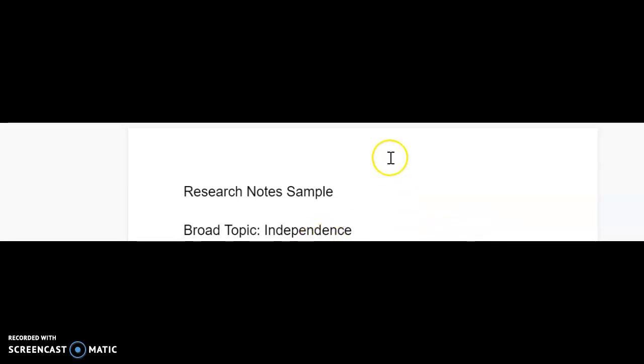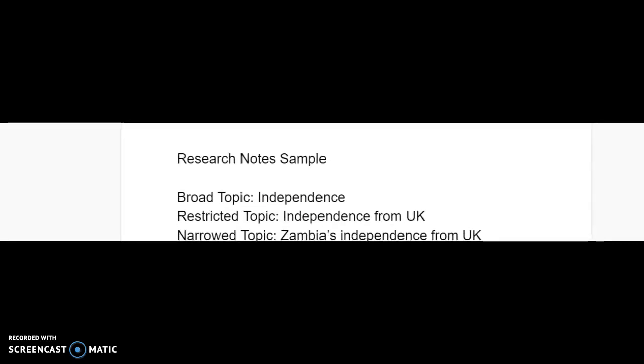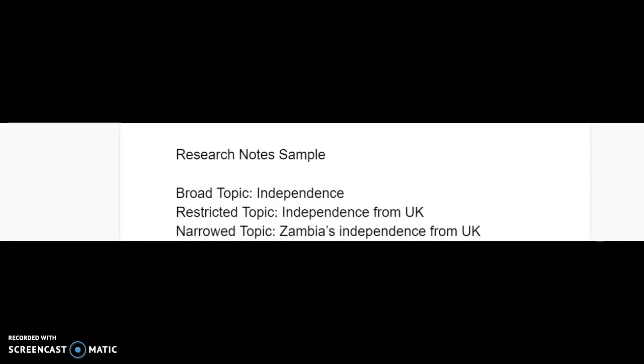So let's look. You've already created your research question. So you started off with your broad topic, which is independence. And then we added your restricted topic. In this case, it's the independence from UK. And then we narrowed that down. I'm looking at Zambia's independence from the United Kingdom.